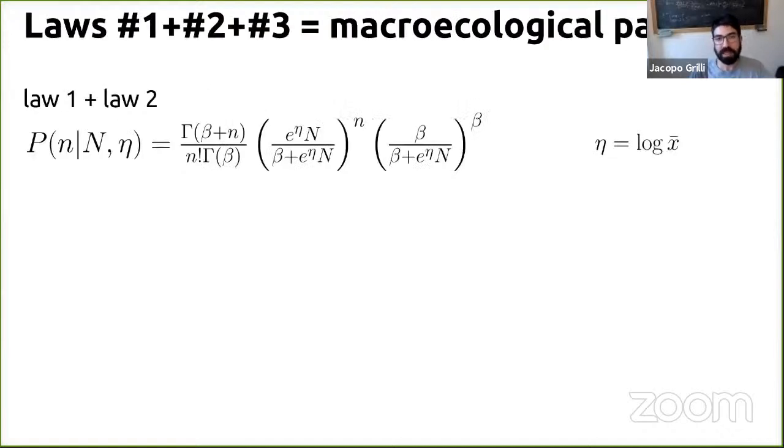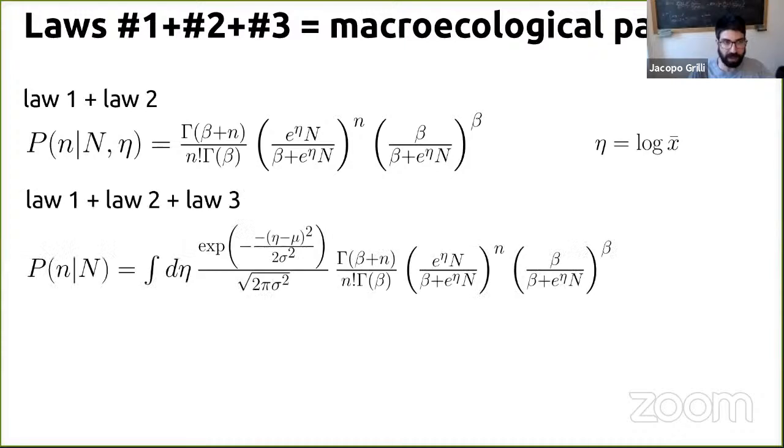So basically, putting together these laws, you can write what is the probability that in a community with a given total number of reads, you're going to observe a given number of reads belonging to a species with a given average abundance, or if you take a species at random, what is the probability that that species is present with a given number of reads? In this sense, it's a null model.